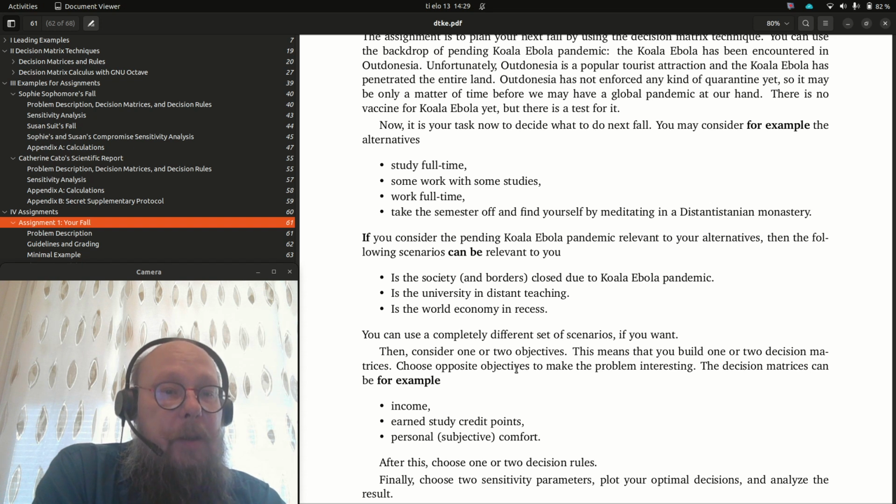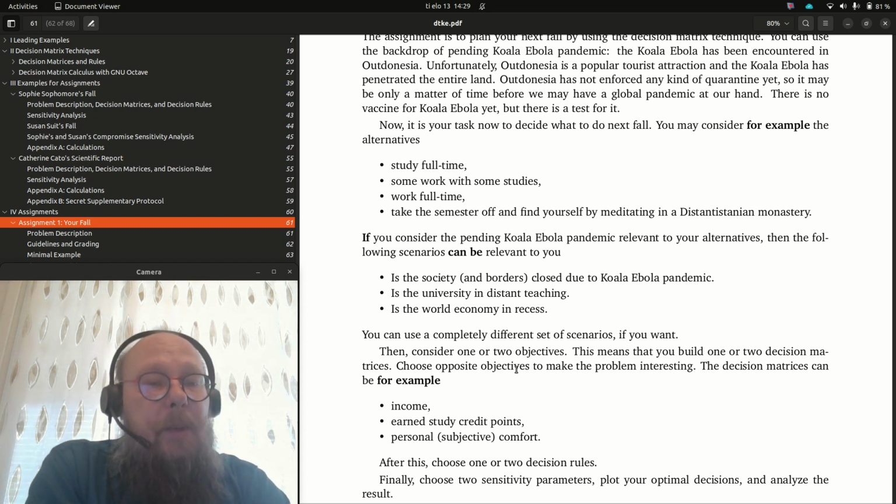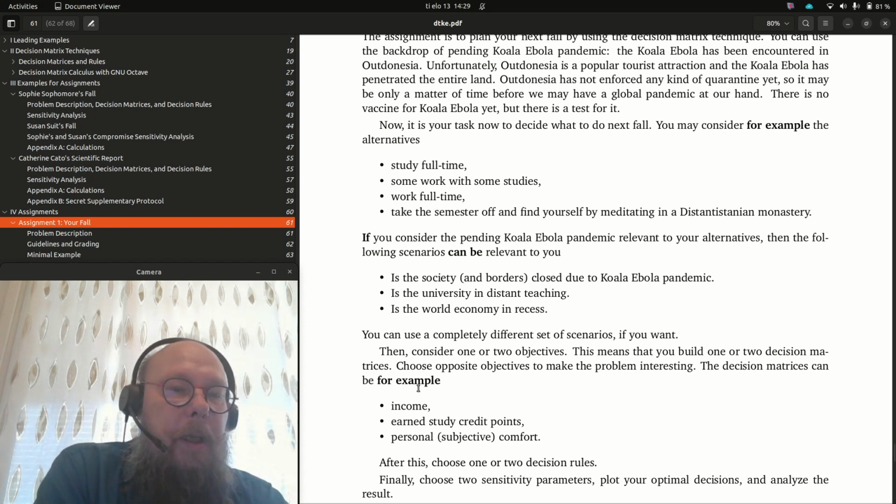If the objectives go the same way, then they both give the same alternative as optimal, and your sensitivity picture can easily have just one color because only one alternative is optimal, no matter what the sensitivity parameters are. Of course, if you get that, then it means that your decision problem was somehow easier, and that's the solution.